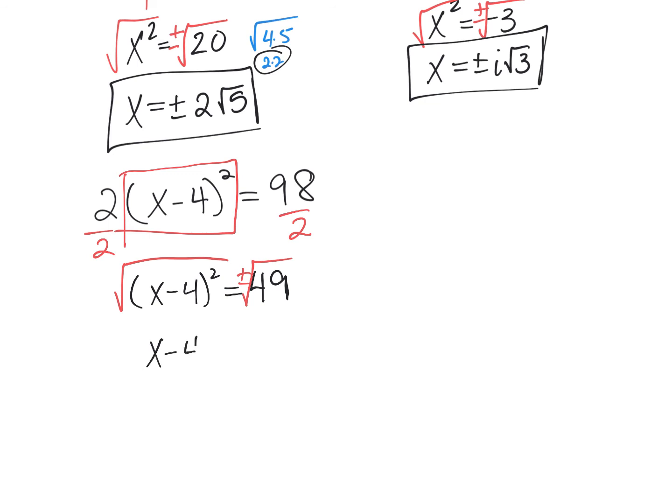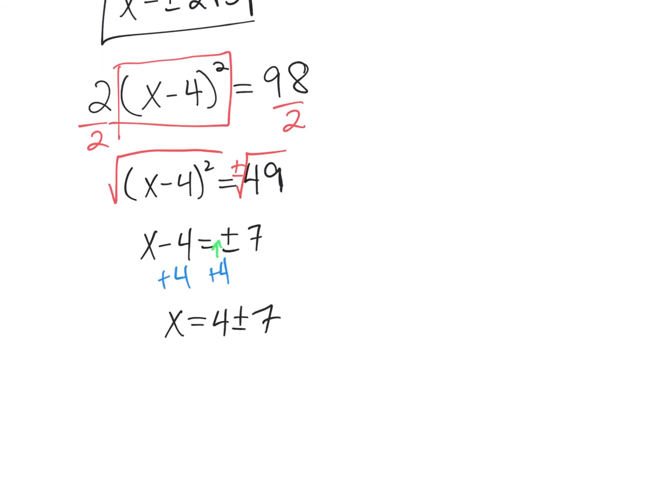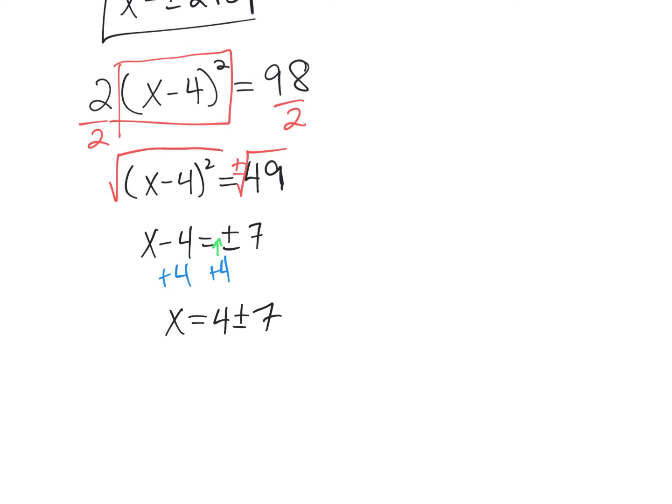So x minus 4 equals plus or minus what? 7. The square root of 49 is 7. And now I can get x by itself by adding 4. And we're going to add the 4 in front of the plus or minus. So x is 4 plus or minus 7, which means 4 plus 7, what's that? 11.